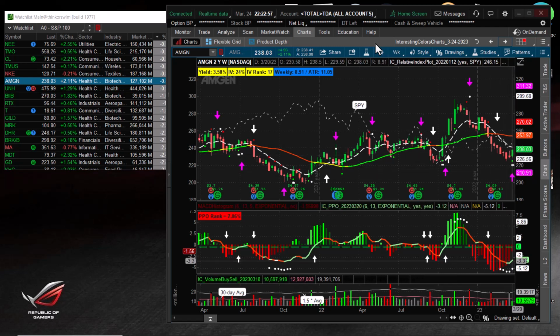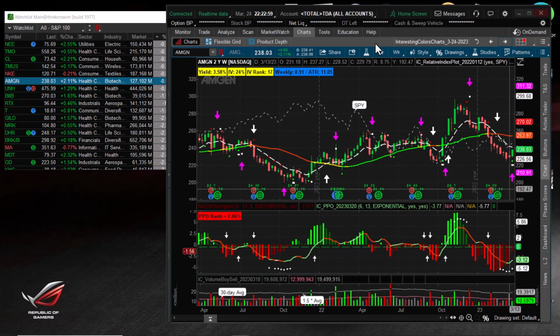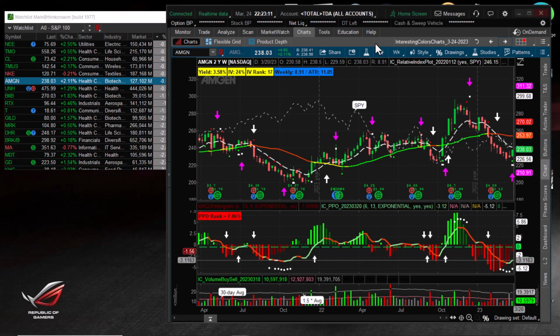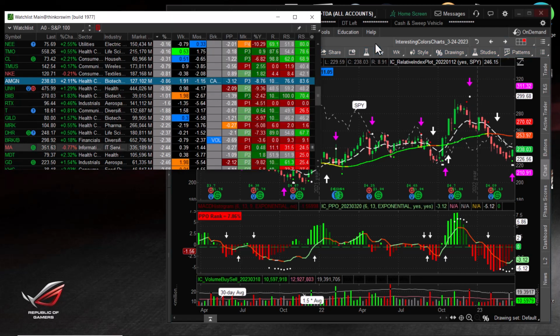We don't have a 10-bar exponential moving average crossover. We don't have that on the weekly level yet, but it's going to happen, and we still have a white dot here, so you need to wait at least another week or so before it actually makes the move. What's over here with GD?